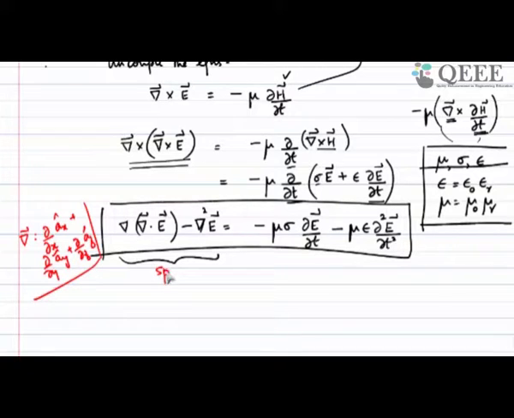So this is space variation and the right side is actually time variation. So I am able to relate the space variation of E to the time variation of E. And remember, I have only E in my equation. I have uncoupled the equations. I have an equation only in terms of E now.